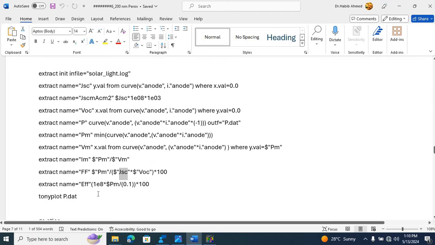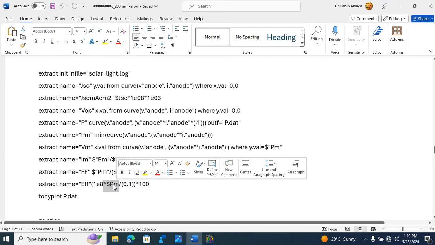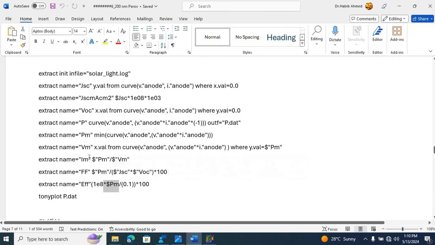Similarly, our efficiency is going to be the output power divided by the input power. The output power is electrical power, which is the multiplication of the maximum current and maximum voltage. And the input is optical power, which is 1 kilowatt per meter square, or you can say 100 milliwatt per centimeter square, or you can say 0.1 watt per centimeter square.